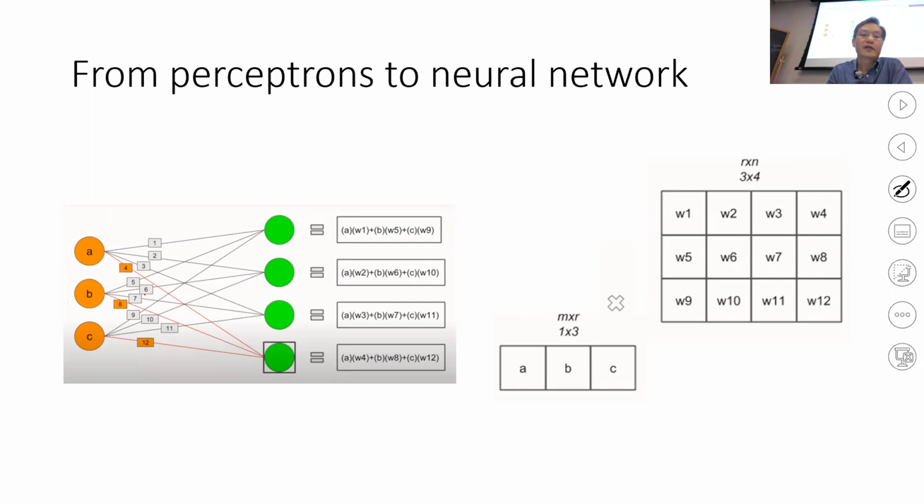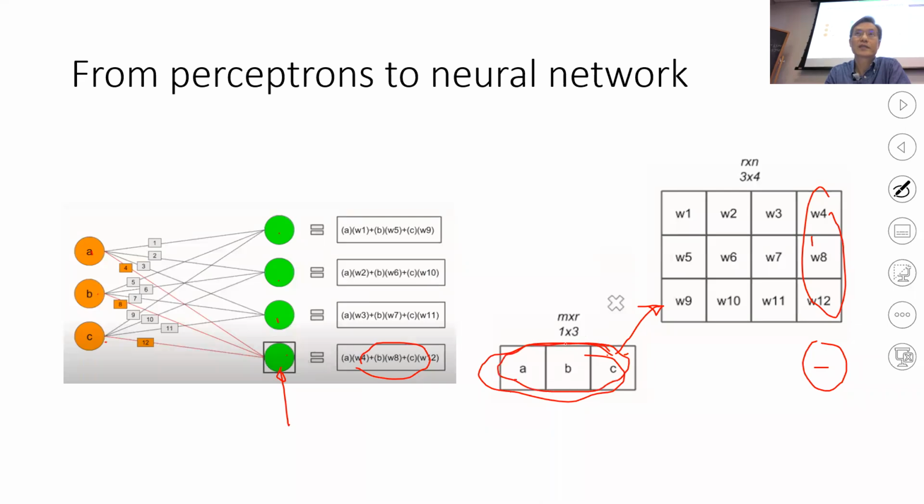So for each neuron, I have input. For example, for each neuron, I have input from A, B, C. So that's my input, right? And then for my neuron, I can do this inner product with that, and it gives me the output. And I can do the same thing. Because each of these green neurons receives the same input, I don't have to do the input independently.